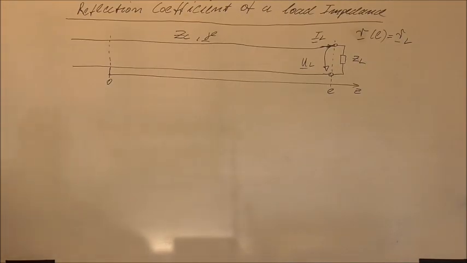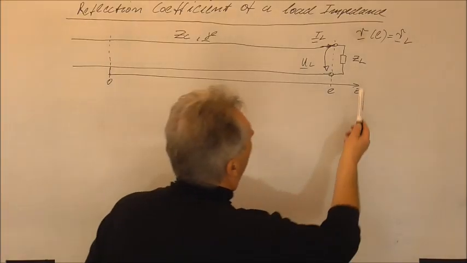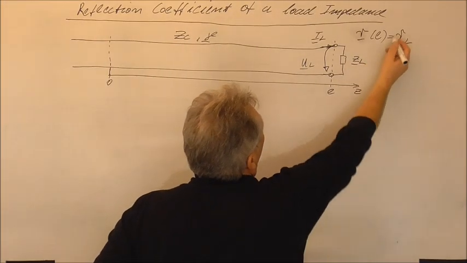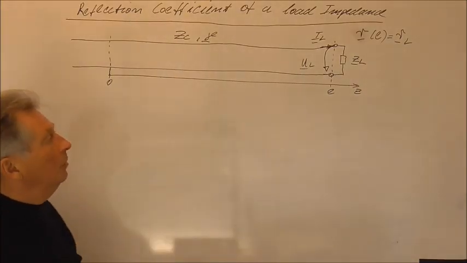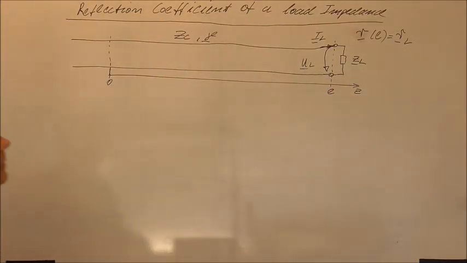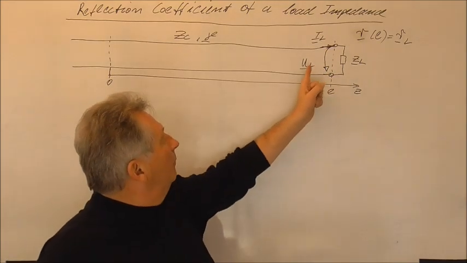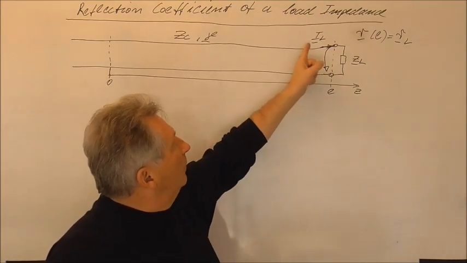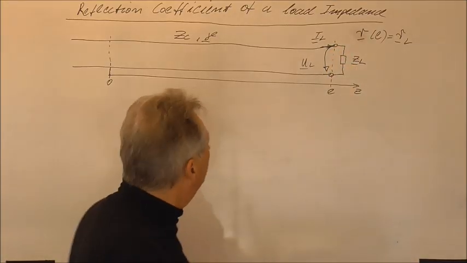I now want to deduce an expression which relates the reflection coefficient of the load to the load impedance itself. We saw that we will have at the end the voltage U of L, the voltage over the load, and the current into the load.